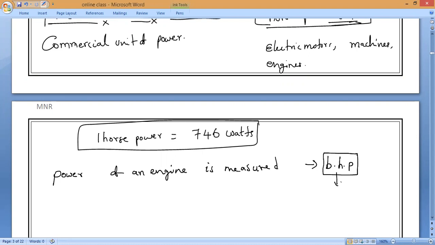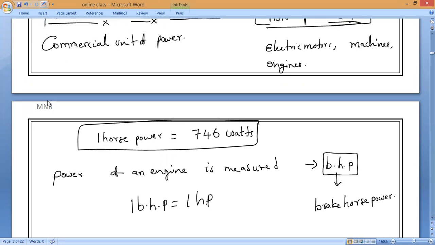BHP means brake horsepower. Please, all of you remember, brake horsepower. It is a unit of power equal to 1 HP. Remember, if I say 1 BHP, it is equal to how many HPs? 1 HP. Both are the same. 1 HP is equal to 1 BHP. Both are not different.